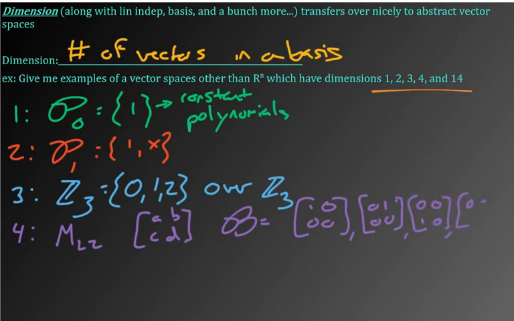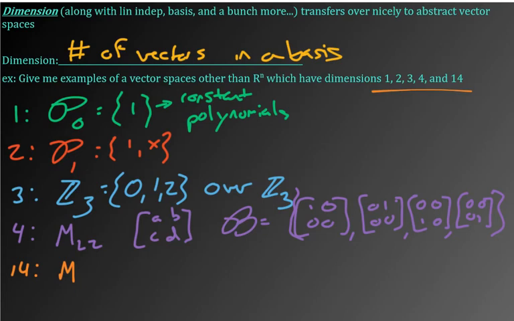And last but not least, that one. And so this set is a basis for M2 by 2. And then for 14, you can do M by N for any one you really want, and it's always a vector space.